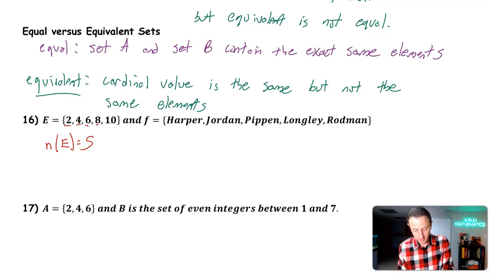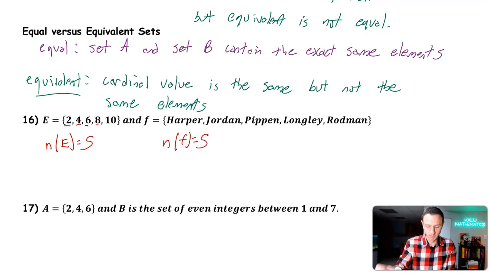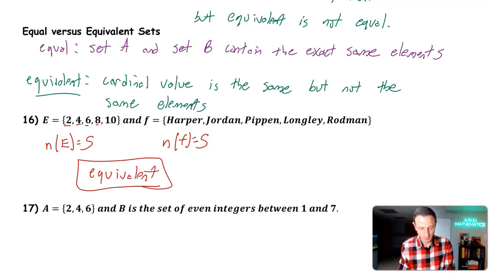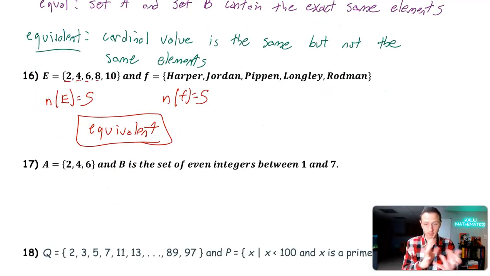That cardinal value is also 5, but it's not the same elements. The cardinal values are the same, but not the same elements. So these would be equivalent, not equal, only equivalent. Equal would be 2, 4, 6, 8, 10 and 2, 4, 6, 8, 10. Same exact elements that make it up. They might be mixed around, but it's the exact same elements.